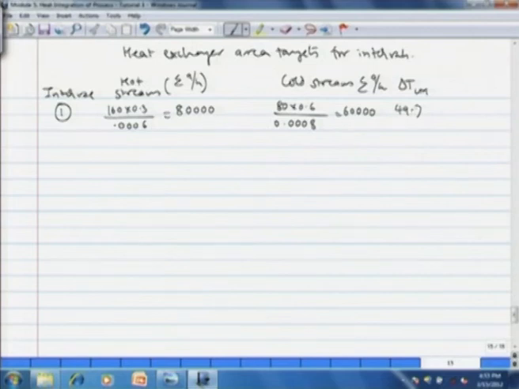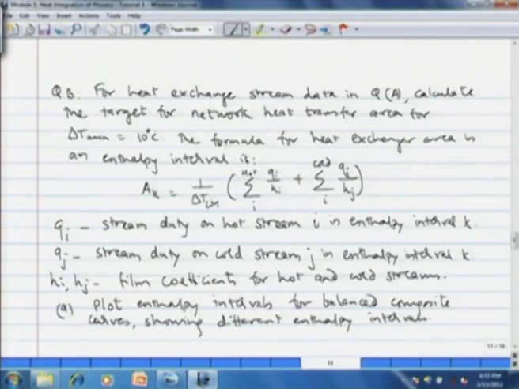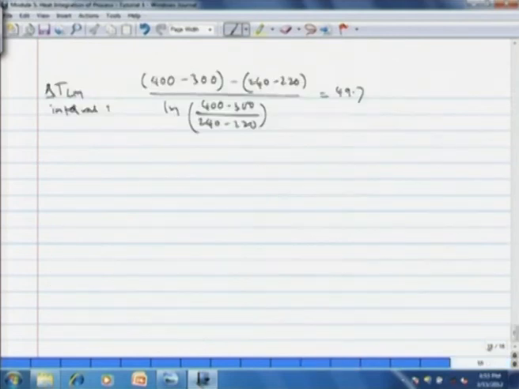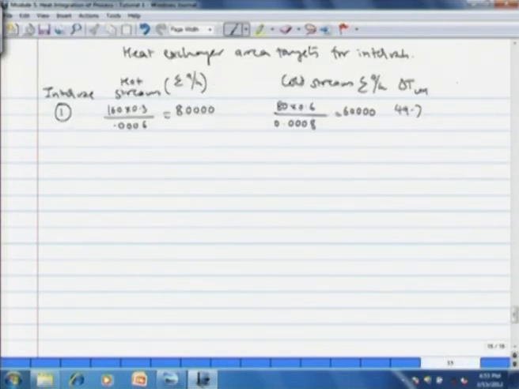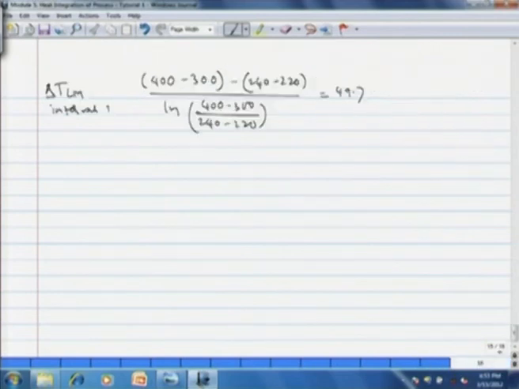And then using the formula that we are given, A is equal to 1 by delta T Lm summation Q by H hot plus summation Q by H cold, we get area as, so that I will show you the exact calculation. Area is 1 by delta T Lm summation Q by H hot plus summation Q by H cold.